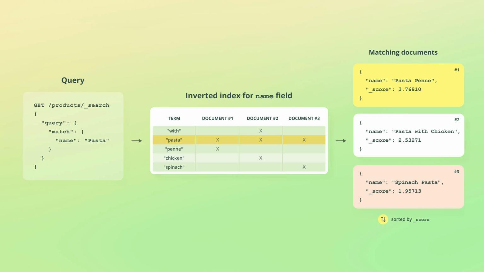Once Elasticsearch has looked up which documents match the query, it calculates relevance scores for each of them. When that's done, the documents are sorted based on the relevance scores to form the query results. Of course, that's not everything that happens, but that's a high-level overview. That's really all I want you to know about relevance scoring for now, so let's continue.